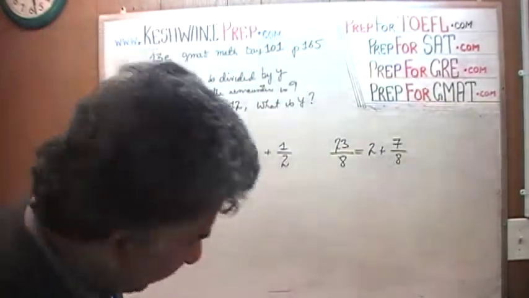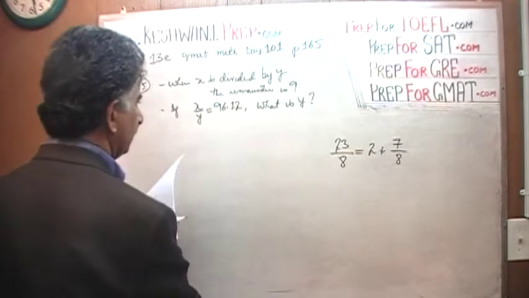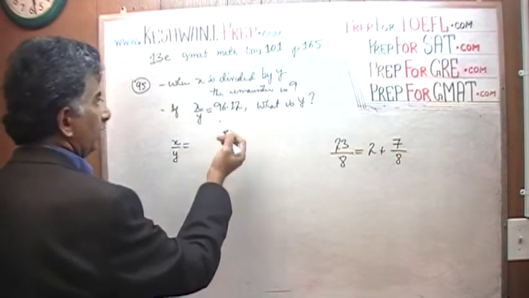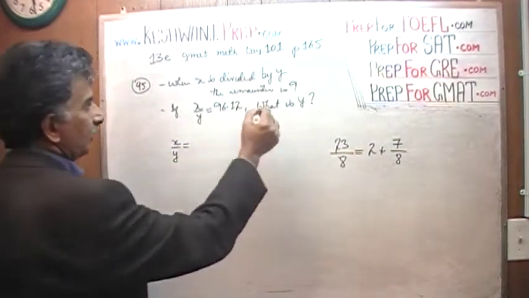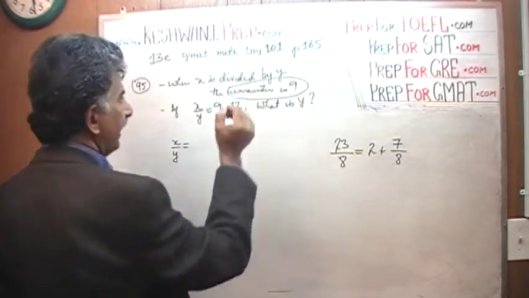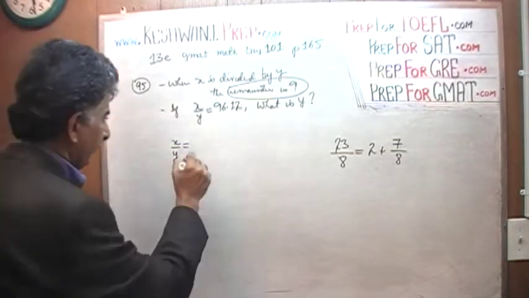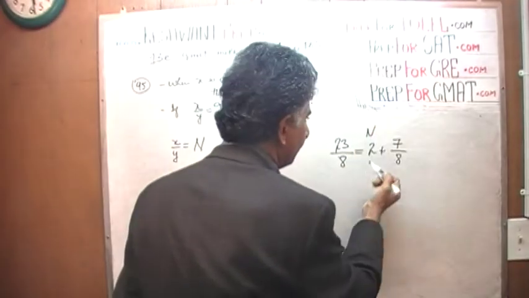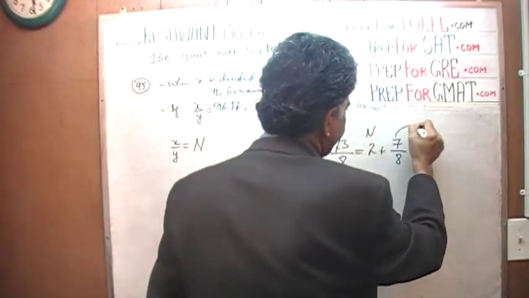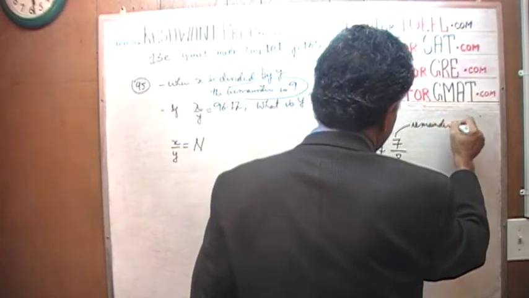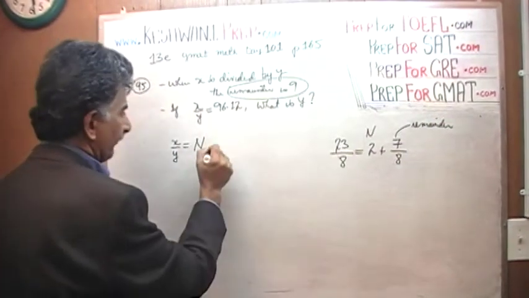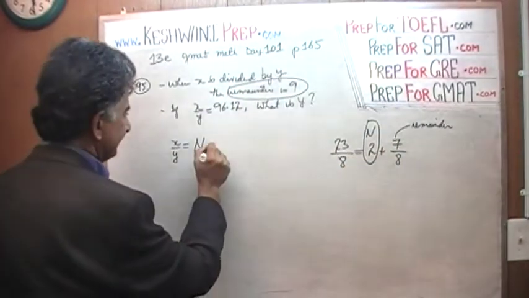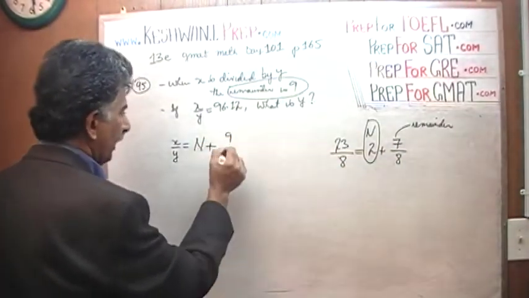Same thing here. Here we have x over y, and we are told that when you divide x by y the remainder is 9, which means that we have some integer, which I'm calling n, plus the remainder. In this case the remainder is 9, so it's going to be some integer n plus 9 over y.